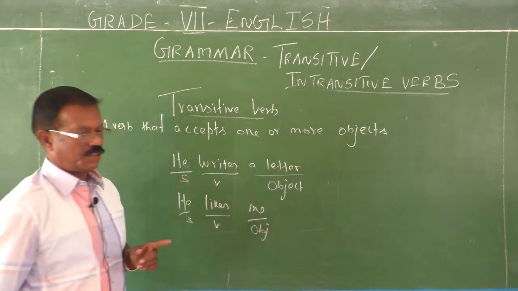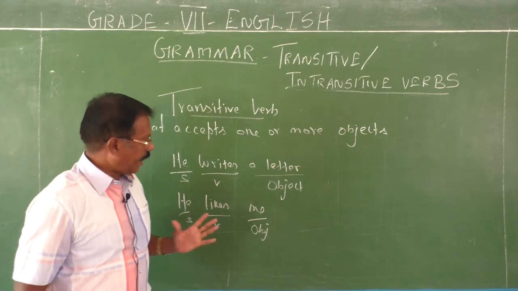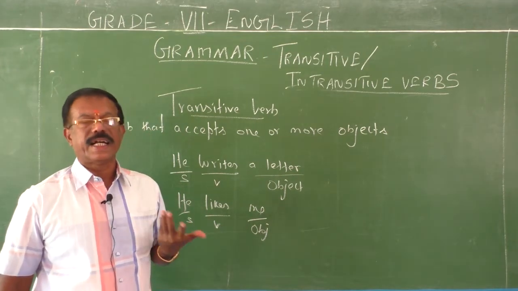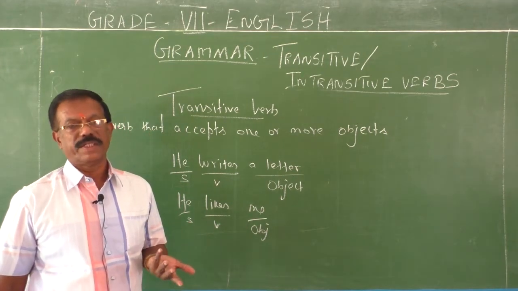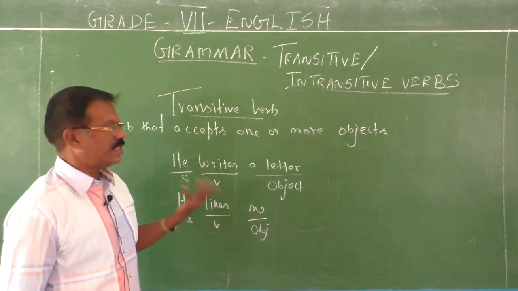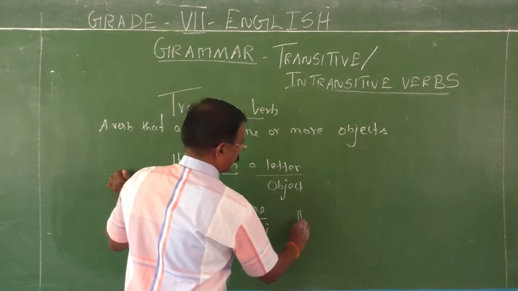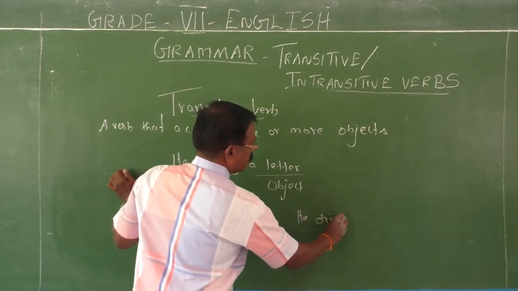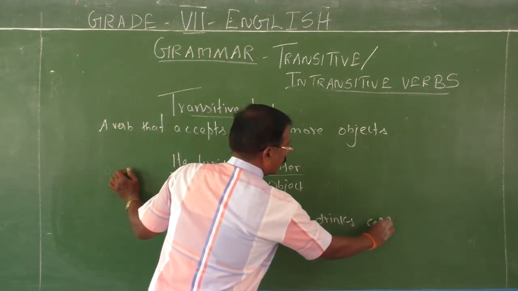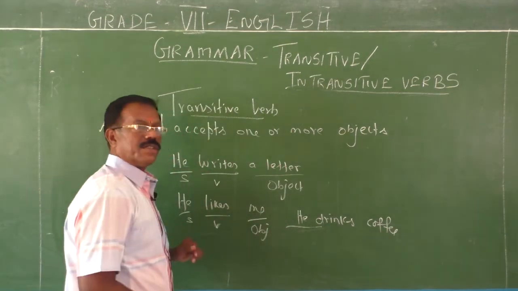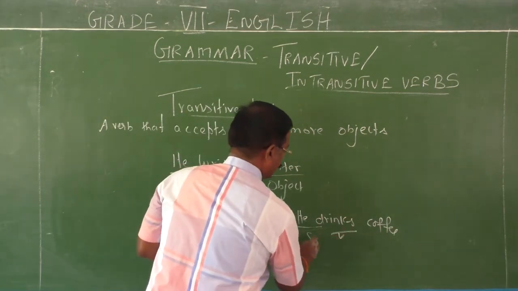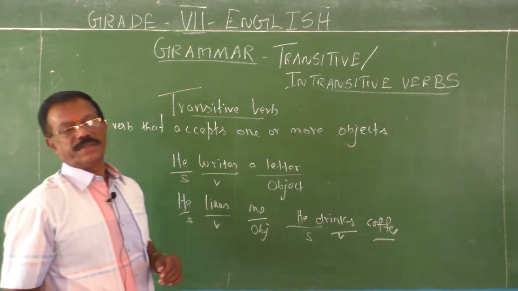Here it is a transitive verb. We like our mother. So it's a direct object. This verb takes an object, writes, likes, and he drinks. He drinks coffee. So he is the subject, drinks is the verb, and coffee is an object.